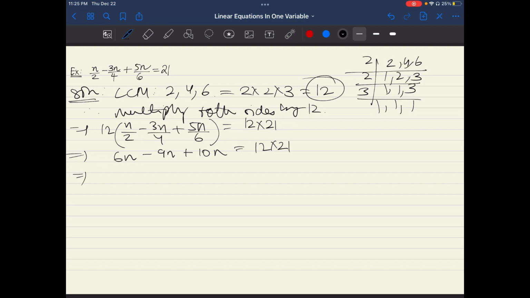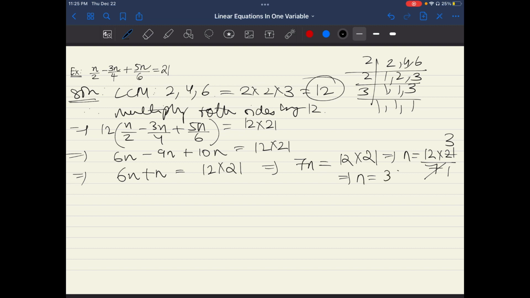And now solving all of this, we get 6n plus n equals 12 times 21, which is 7n equals 12 times 21, which implies n equals 12 times 21 over 7, which implies n equals 36. Therefore, n is 36 for this question.